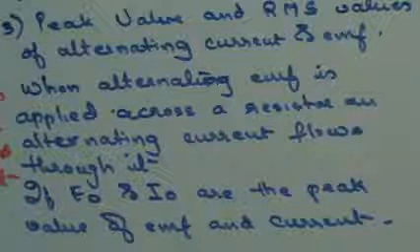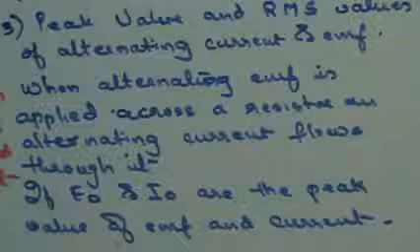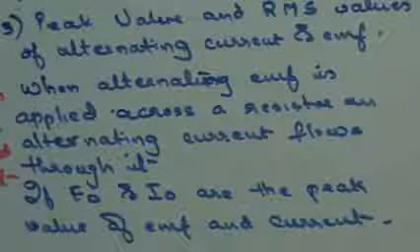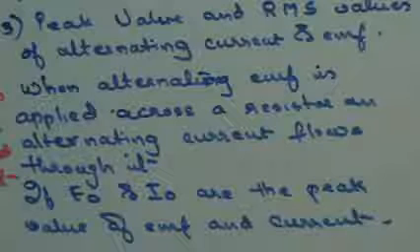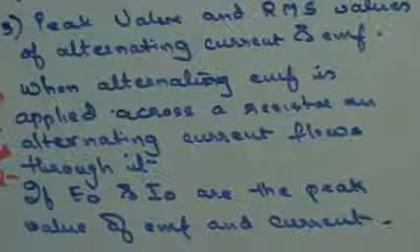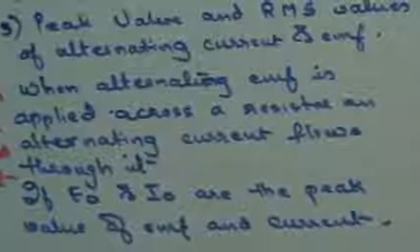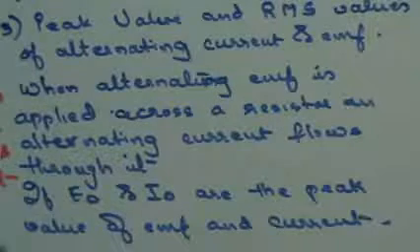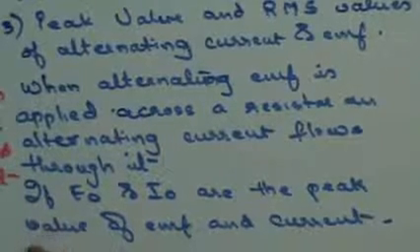In that case I can say that in an alternating EMF the current reverses its direction every half cycle, hence the average value of EMF and that of current individually is 0. If it's an alternating EMF, every half cycle the current would reverse its polarity, the EMF would reverse its polarity. If I take the average value of both the cycles, it will come out to be 0.